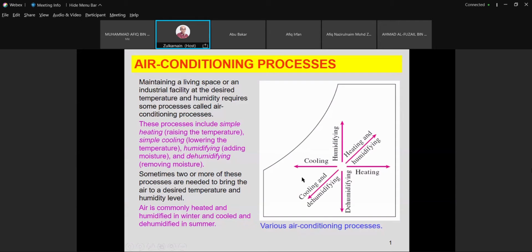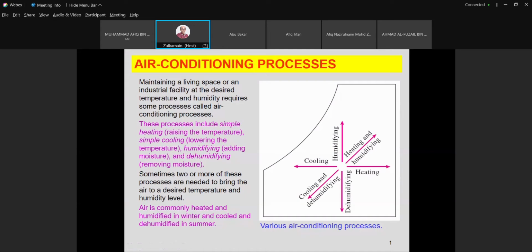So if you look right here, if we have point A and we go to the left of the psychrometric chart, whereby from the dry bulb temperature we go to the left, the temperature will decrease. This is called the cooling process. Horizontally to the left is the cooling process, whereby from the initial point if we go to the right horizontally, that is called the heating process.